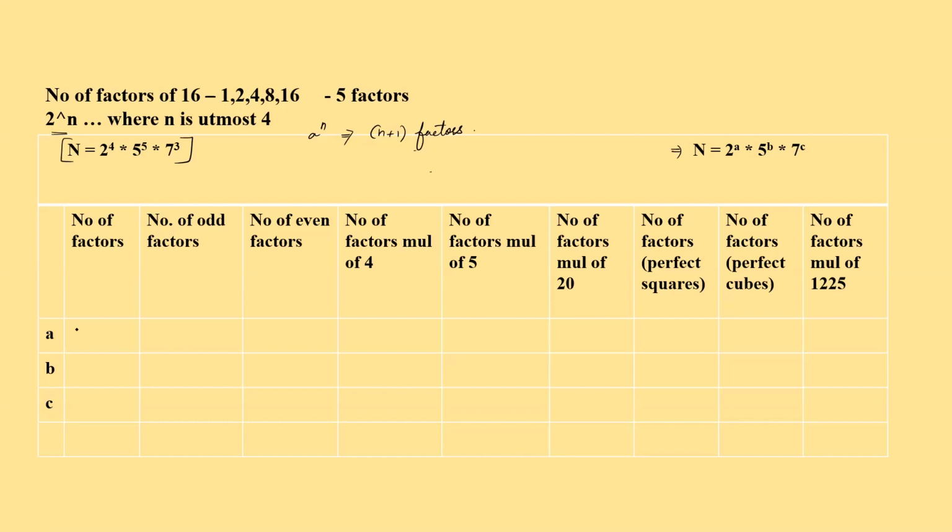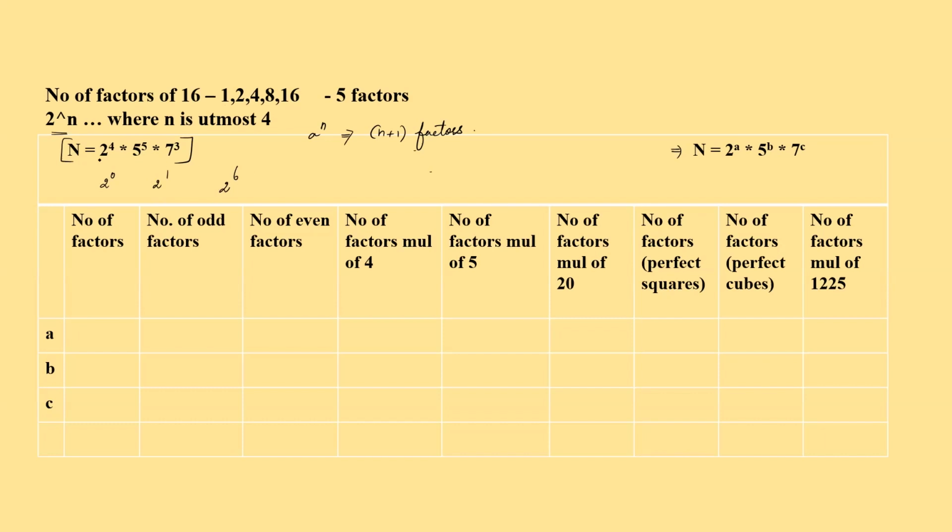Now, first let us discuss a few things. If n is equal to 2 power 4 into 5 power 5 into 7 cube, can I say 2 power 0 is a factor of n? Obviously, 2 power 0 is 1, which is a factor of any number. Can I say 2 power 1 is a factor of n? Yes. Can 2 power 6 be a factor of n?